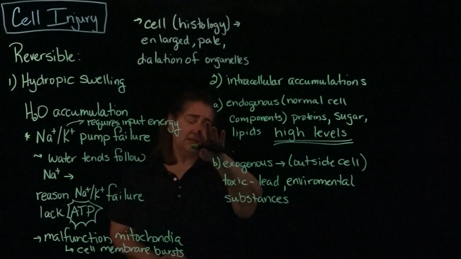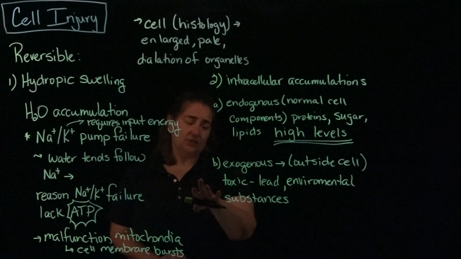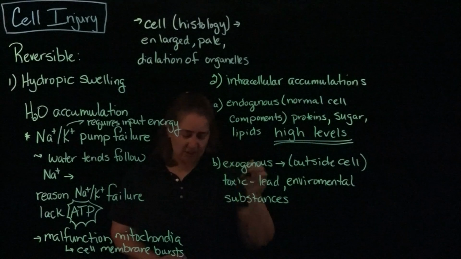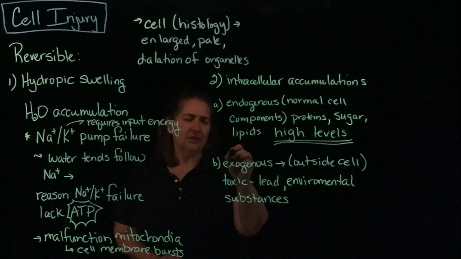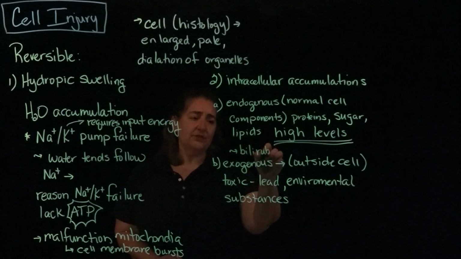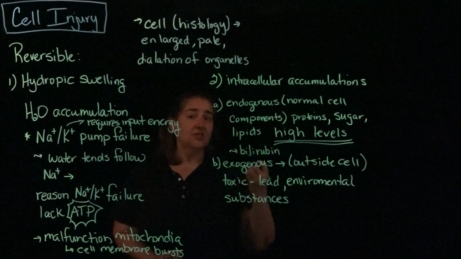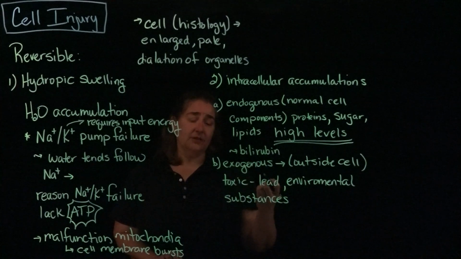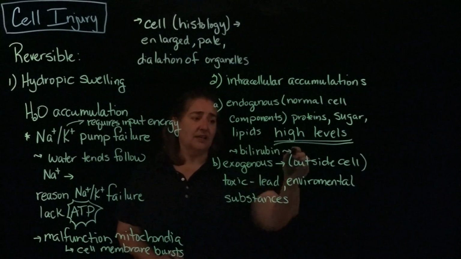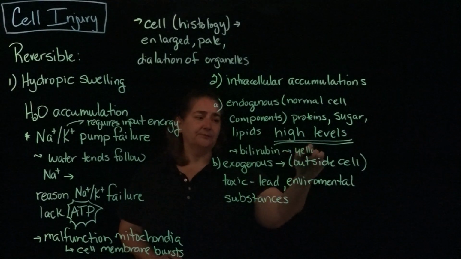So things can be endogenous, they can be exogenous. Inside the cell, outside the cell. I should also mention inside the cell, another one that'll come up later. Bilirubin is another essentially byproduct of the breakdown of hemoglobin. Bilirubin can accumulate within the cells. This is a yellow pigment.